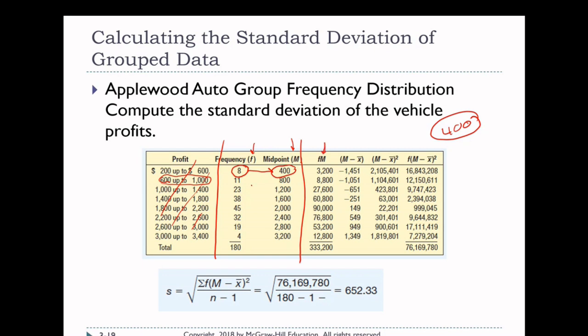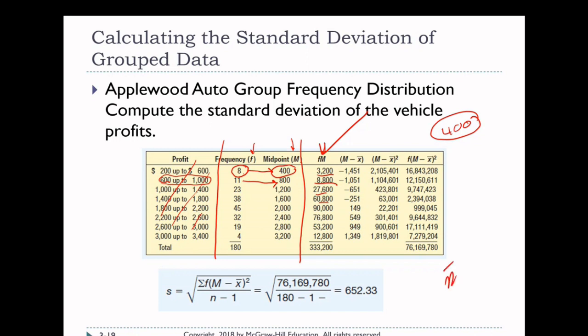8 times 400 is 3,200. 11 times 800 is 8,800. This is f times m. Why do I do this? I need to find x bar.